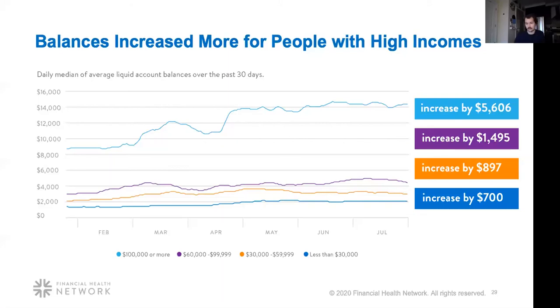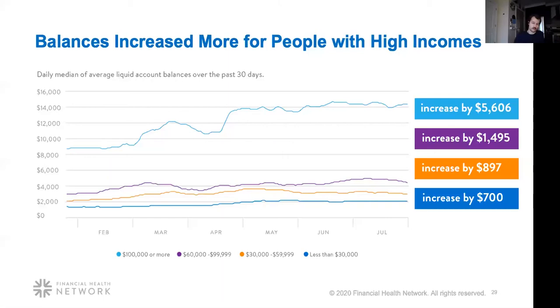And individuals with household income less than $30,000 saw their balances increase by $700. So again, we have evidence that the COVID-19 policies and stimulus payments boosted people's balances, but individuals with higher income increased their balances by even more than those with less income.